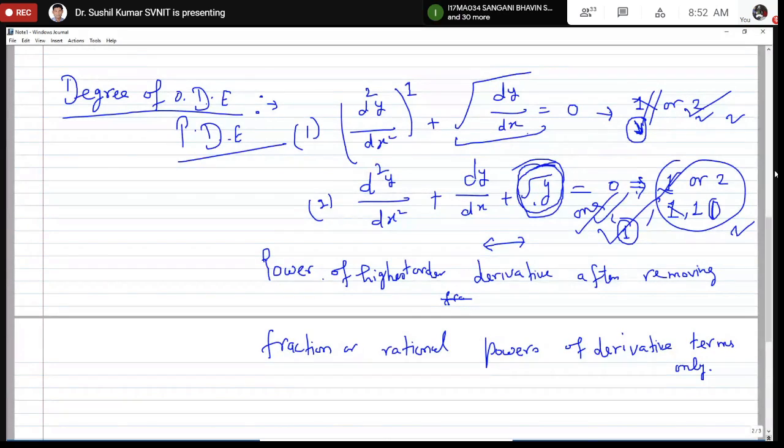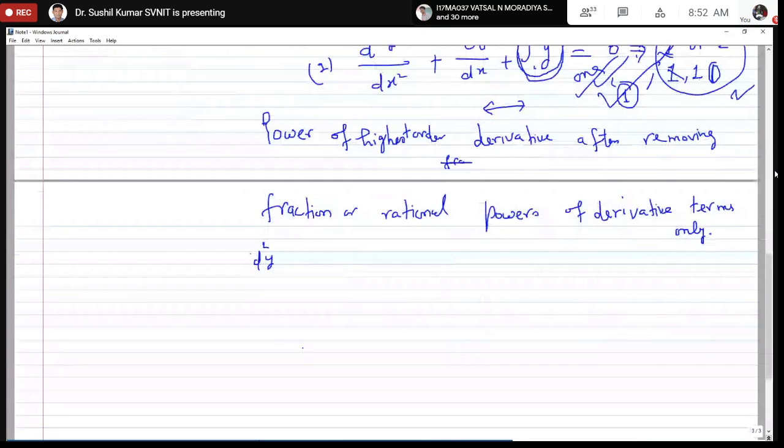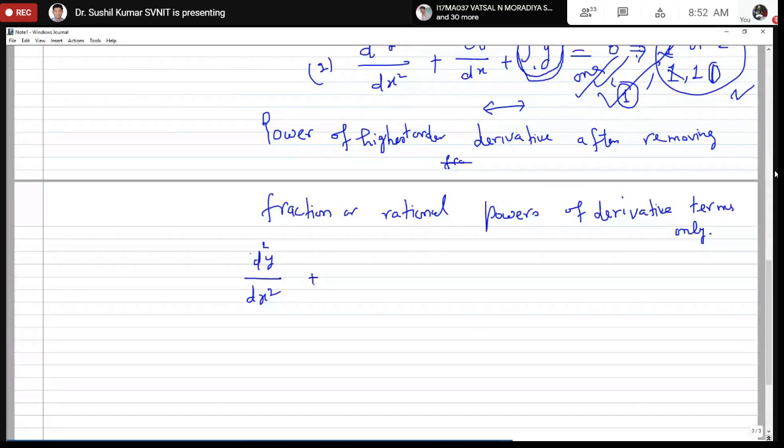Now, my second question is, let's say we have this equation: d²y over dx² plus sin(dy over dx) equal to x².